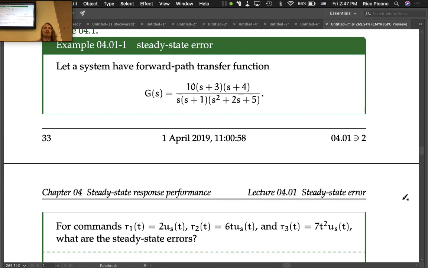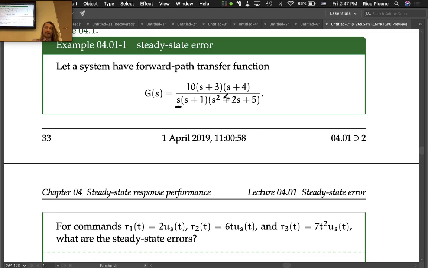So let's evaluate this. First off, we've got to figure out what type system we have, so we need to find out the number of integrators. We can find that by looking at how many s's we can factor out of the denominator. So what do we have? Just 1, right?